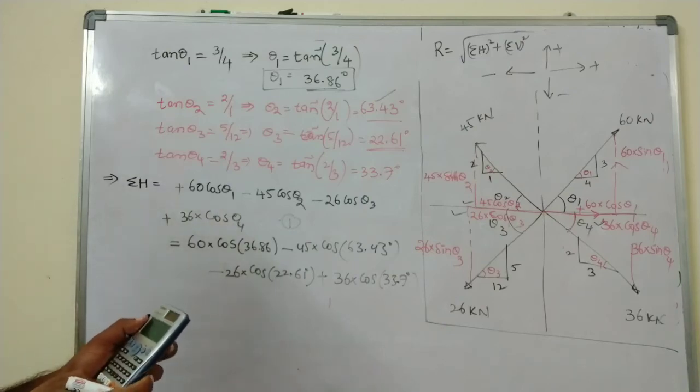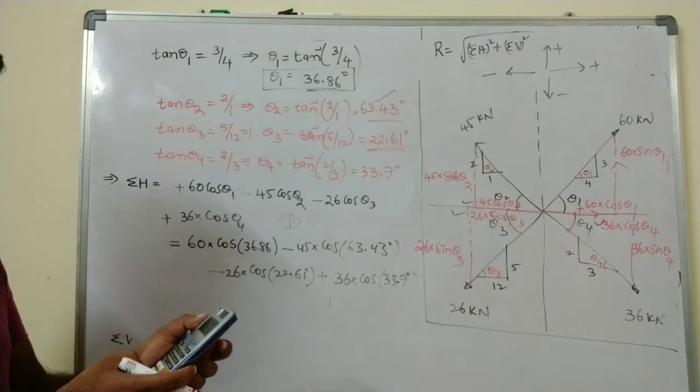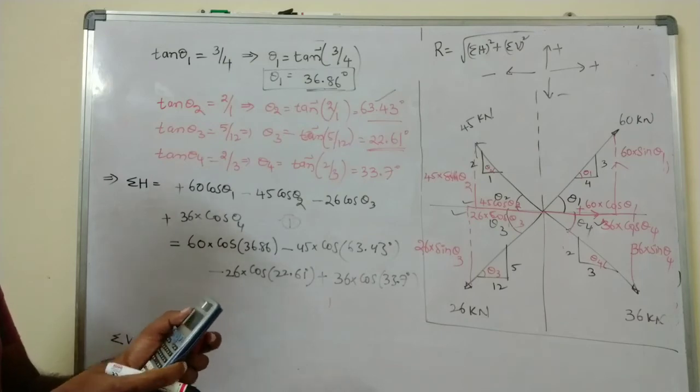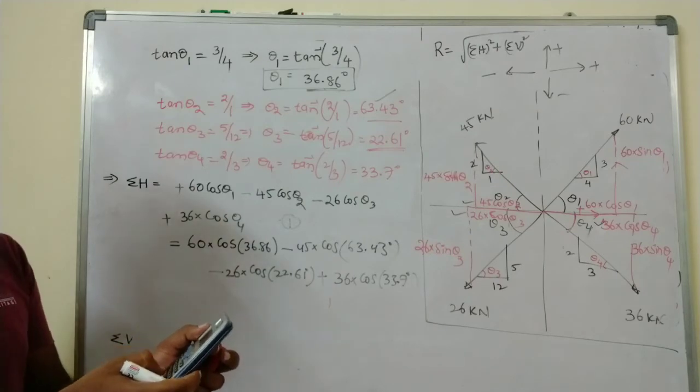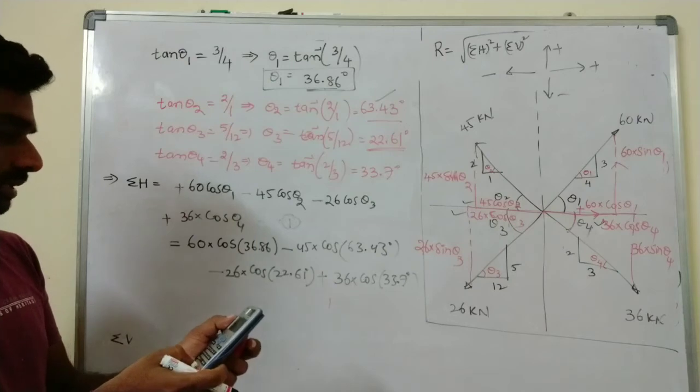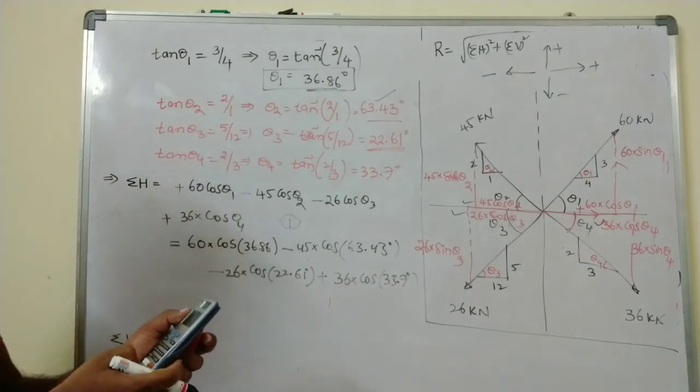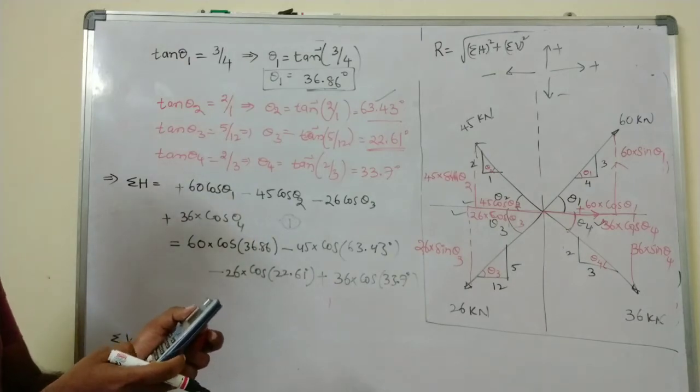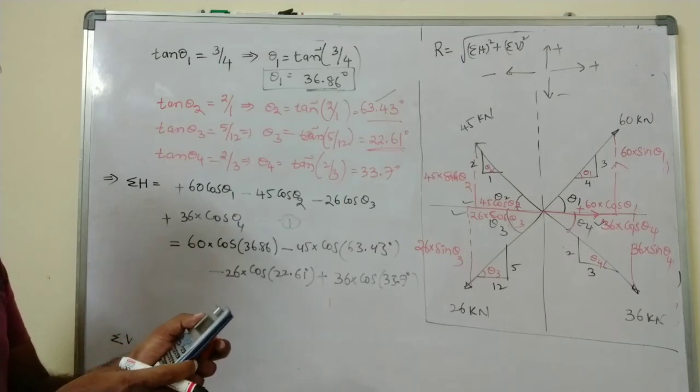Calculate this equation: 60 cos 36.86 minus 45 into cos 63.43 minus 26 into cos 22.61 plus 36 into cos 33.7.